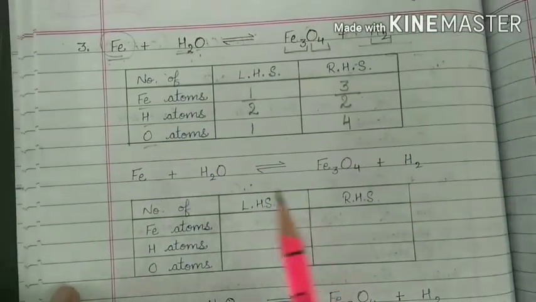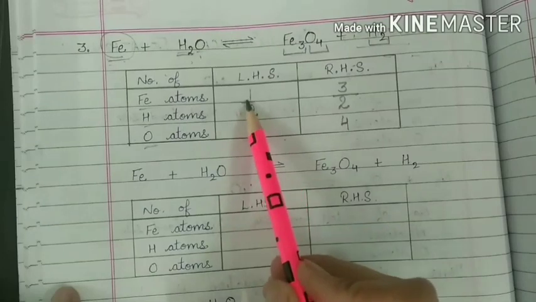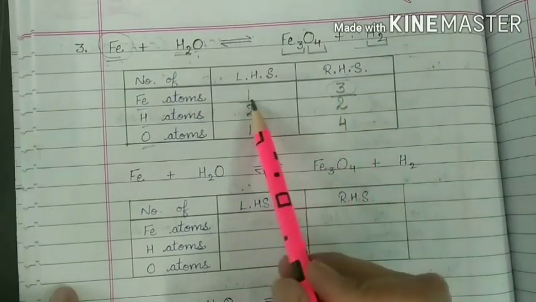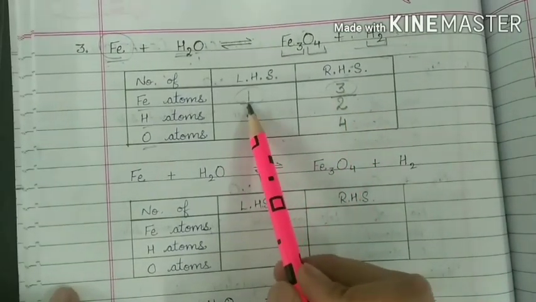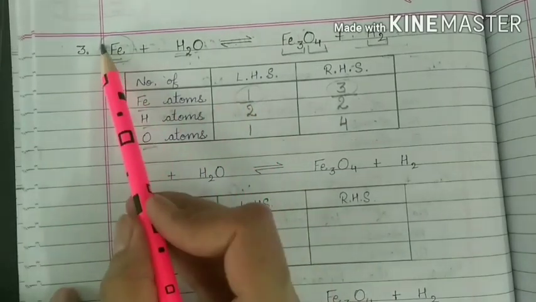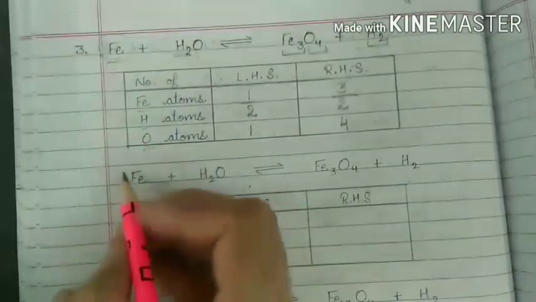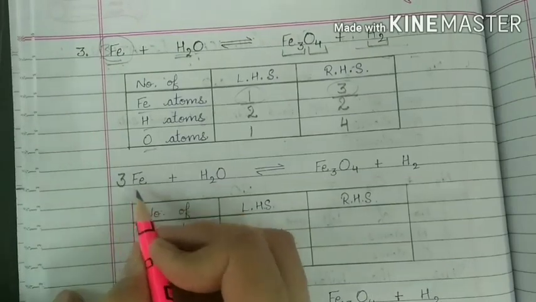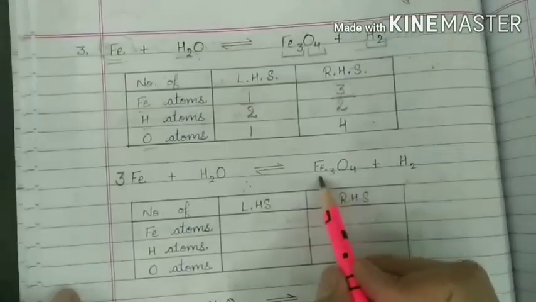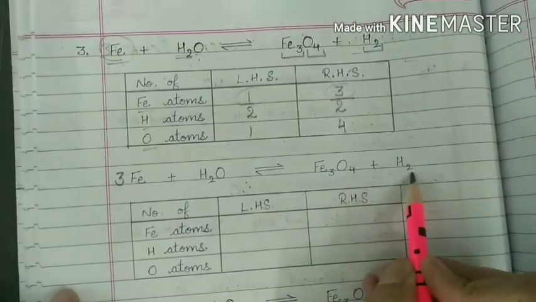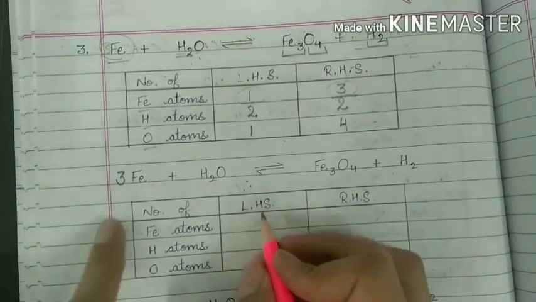So to balance them, firstly we will balance iron atoms. Here we have 3 on the right-hand side, 1 on the left-hand side. So we can make it 3 by putting 3 in front of iron. So this equation can be written as 3Fe plus H2O gives Fe3O4 plus H2. Now let's again count the number of atoms.